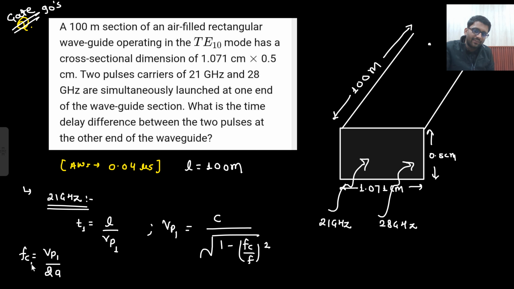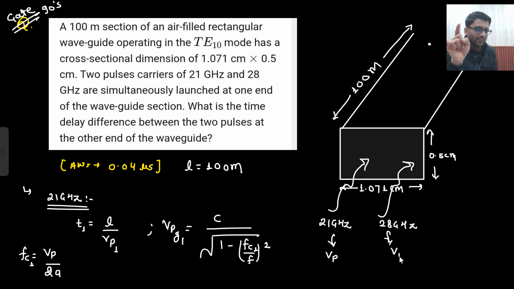I am calculating Fc1. Your Fc will be Vp by 2a only, because 21 gigahertz will also have the phase velocity of Vp only.